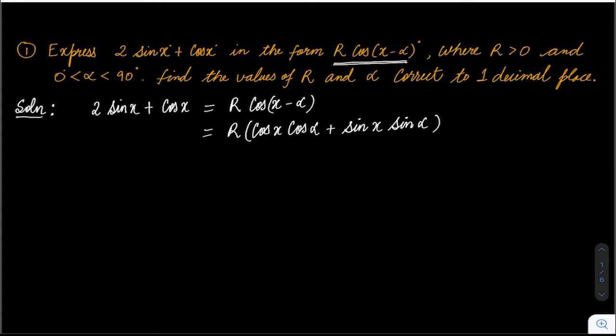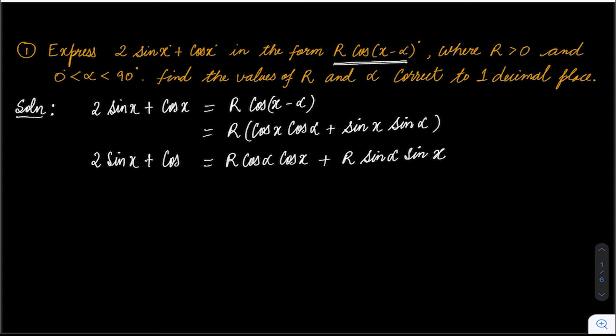Okay. Next thing, let's multiply this whole expression. So this will be r times cos alpha cos x plus r times sin alpha sin x. And this is equal to 2 times sin x plus cos x.